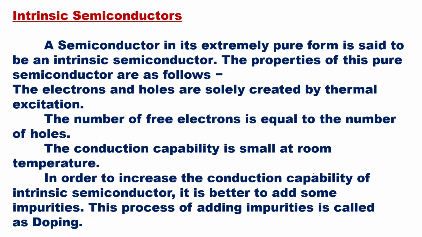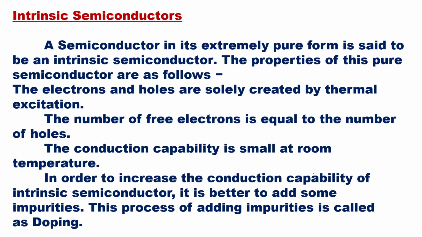That means, as a pure semiconductor, whether you take germanium or silicon, in its pure form at room temperature its capability to make the current flow is very small, and it is not useful when you use that material in any application as a semiconductor device.